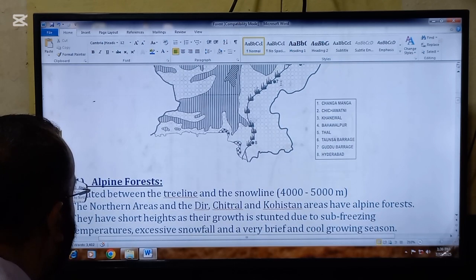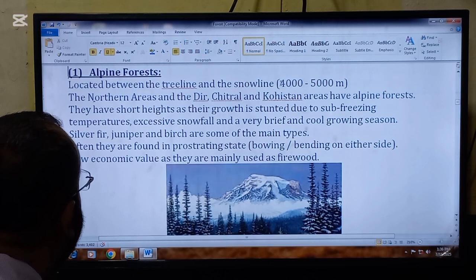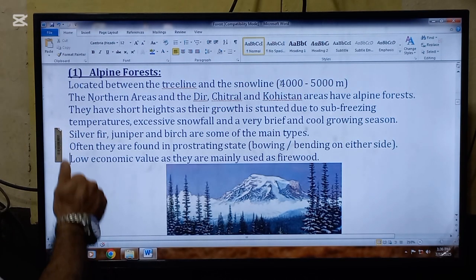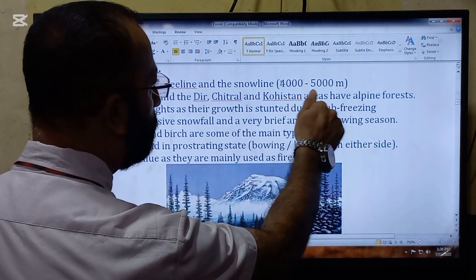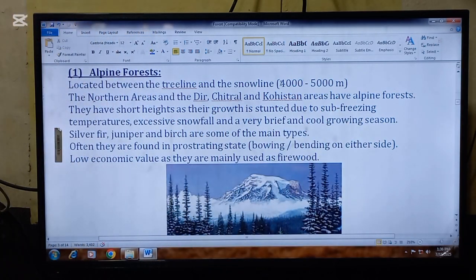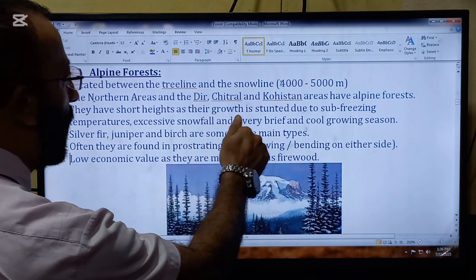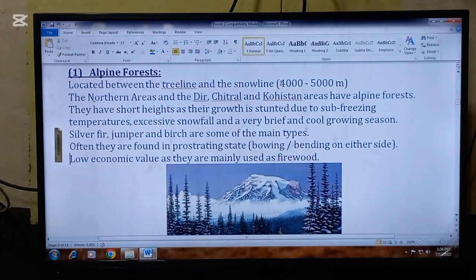The first forest type that is available in Pakistan is alpine forest. Located between the tree line and the snow line, 1000 to 5000 meters. The northern areas and the Dir, Chitral and Khorasan areas have alpine forest.